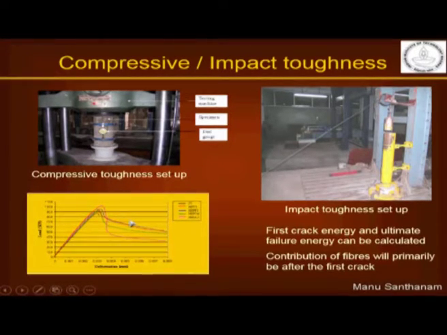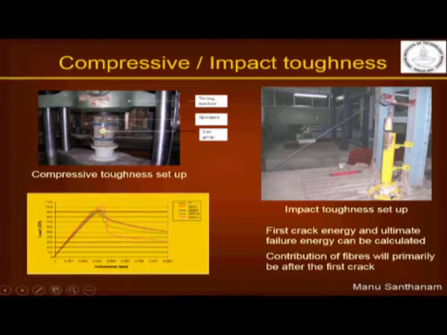You do the same thing, you do a displacement control and you end up getting the compressive toughness also in this case. Now you can also determine fracture energy or impact cracking. So here the impact is mostly determined by using a disc shaped cylinder which is placed here, and there is a weight, about 4 kilogram weight, which is guided through this tube to fall directly onto the concrete surface.